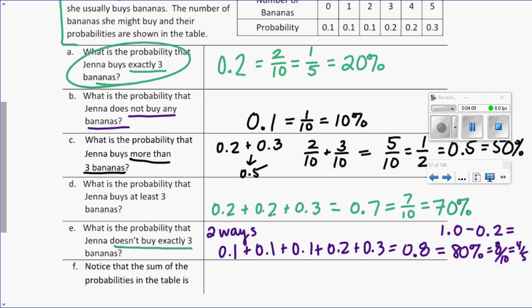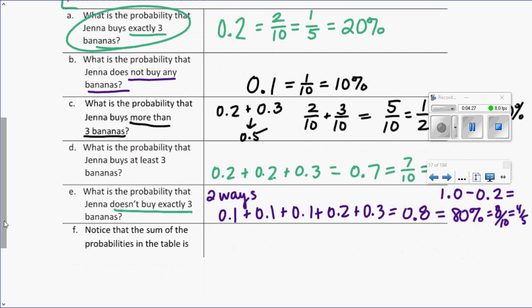And that's 4/5 reduced. Okay, hopefully that makes sense, because if there's a 0.2 or 20% chance that she will buy 3 bananas, then there's an 80% chance that she will buy something other than 3 bananas.